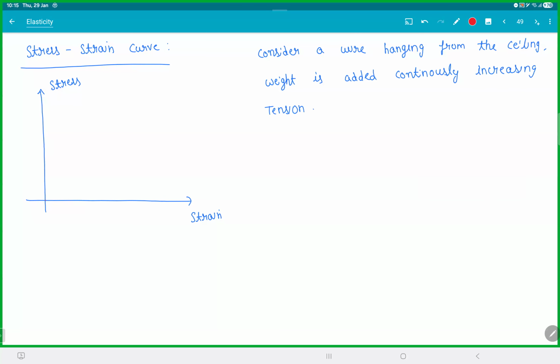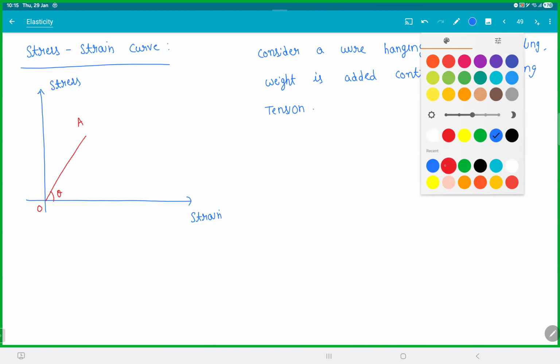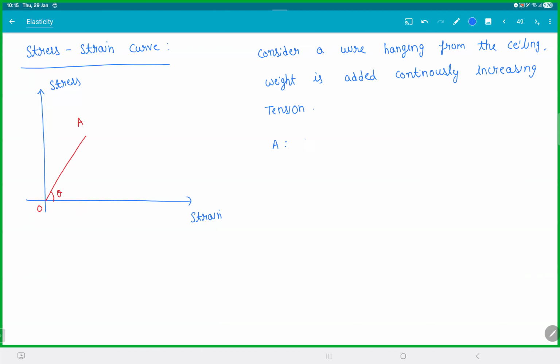In the first part, the graph will look like a straight line, O to A. A is called the proportional limit. So in the region OA, when the wire is going from O to A, stress is proportional to strain.